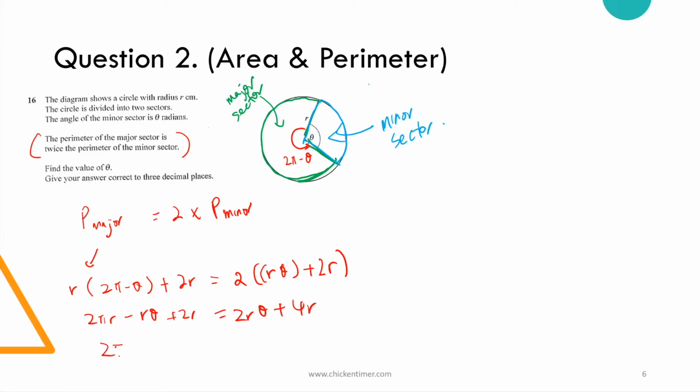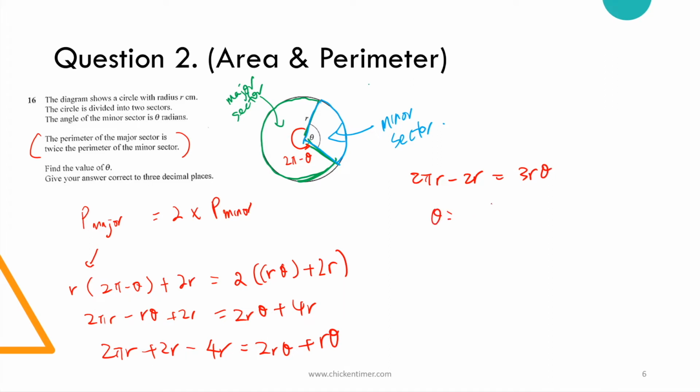So we want theta down here, so we have 2 pi r plus 2r minus 4r equals 2r theta plus r theta. So it's 2 pi r minus 2r equals 3r theta.